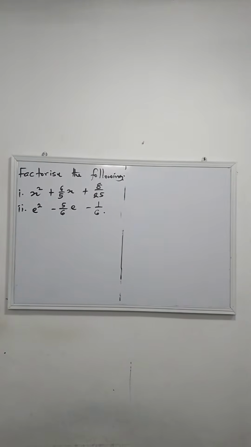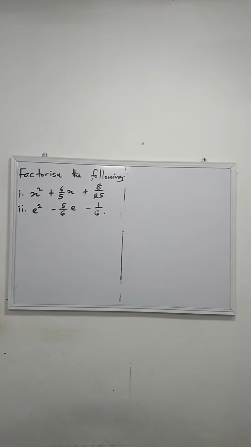Okay, is there anybody with the answer? If you have the answer to that problem, you can drop it in the comment section. So the next 1 minute, we are going to solve the problem together.